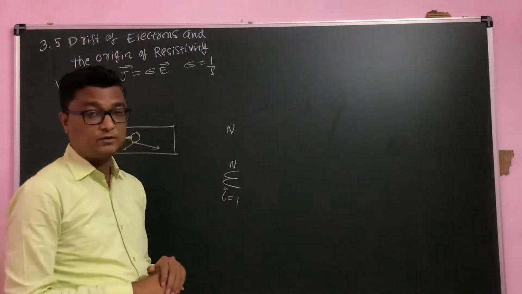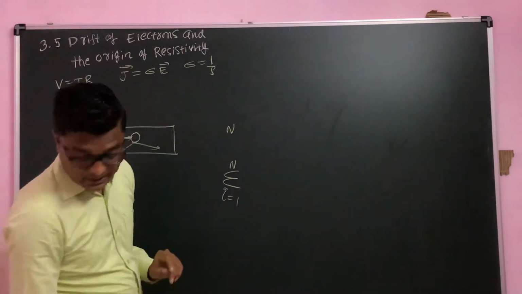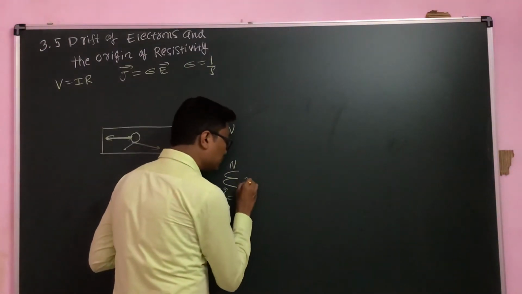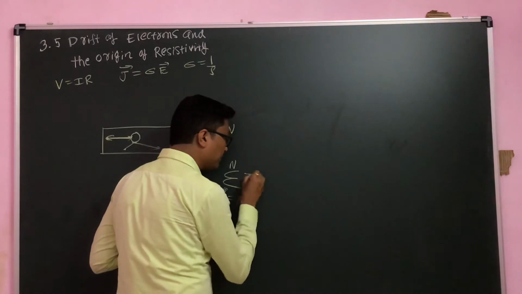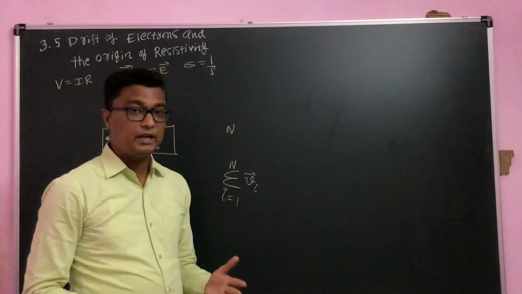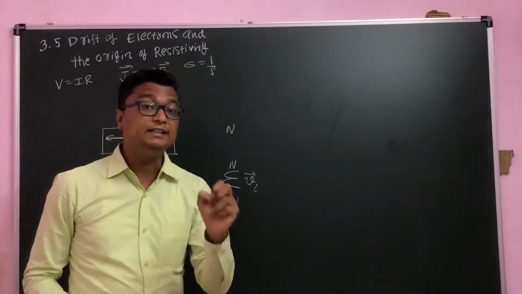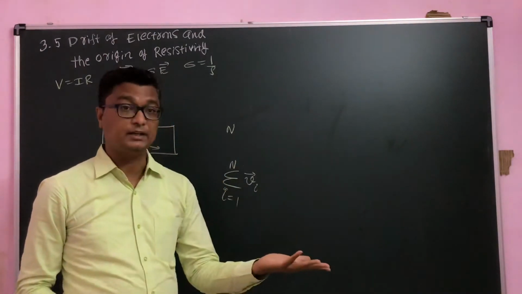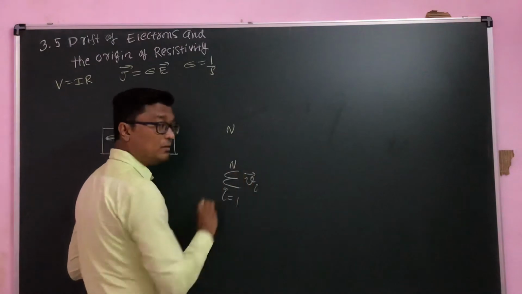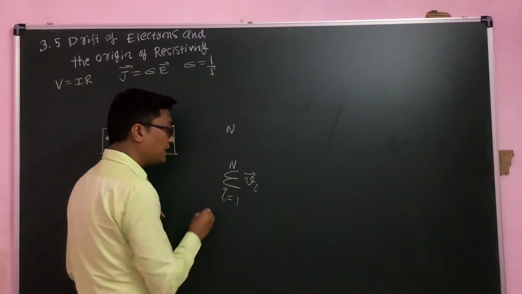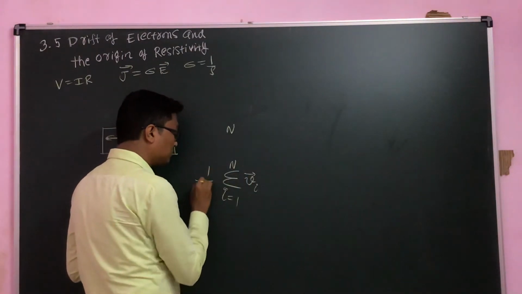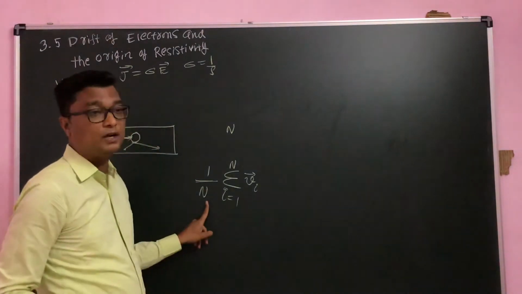N number of electrons are there, and then its velocity. I am denoting its velocity by v_i. Velocity we will show as a vector, and i represents the velocity of the ith electron, right? So this is the sum of velocity. We have to average it over the number of electrons, so I am just multiplying it with 1 upon n.